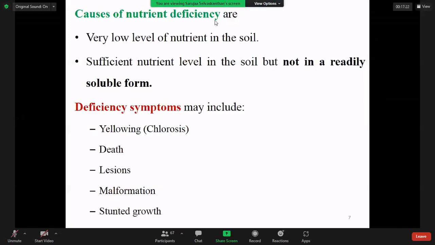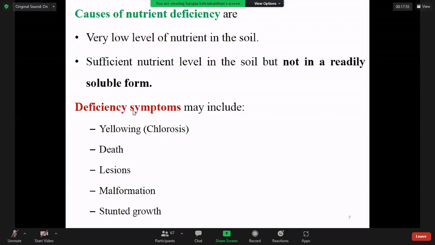No, I am asking the causes of nutrient deficiency. Anyone? Very low level of nutrients in the soil. Yes, good. Nutrients are not available in suitable forms. Good. This is the slide. That's why I told you, now the slide is visible for this answer, but you are not telling, no?